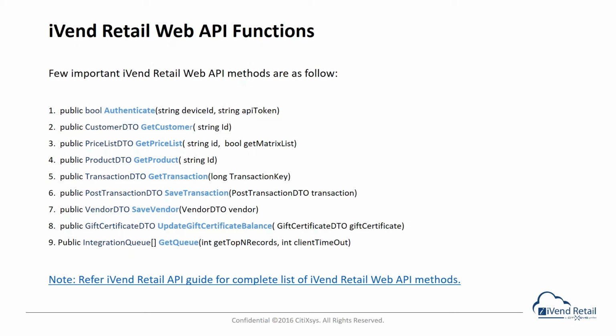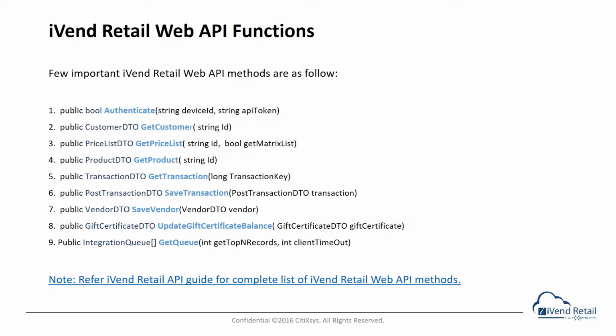Though we already have iVend mobile POS on Android and iOS both, if you are planning to make any new mobile app, then probably you need an authenticate function. This is very specific. That is why the first parameter here is device ID API token. Otherwise, for any other kind of integration, you have very common functions like get customer, price list, product, transaction, or you want to save a transaction.